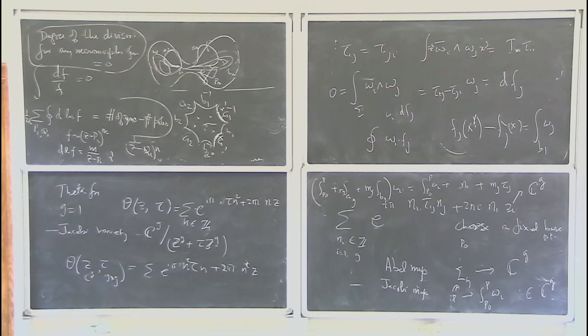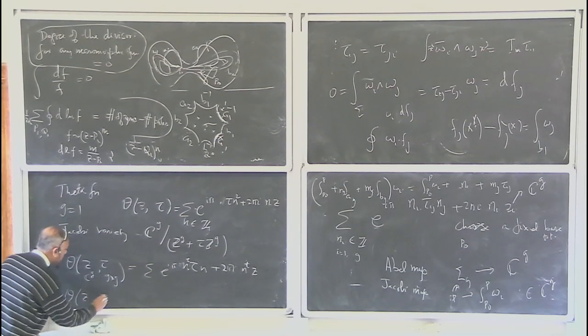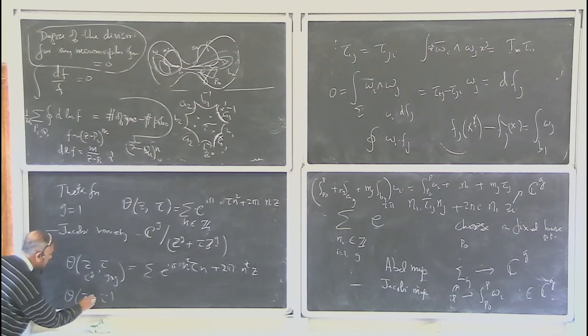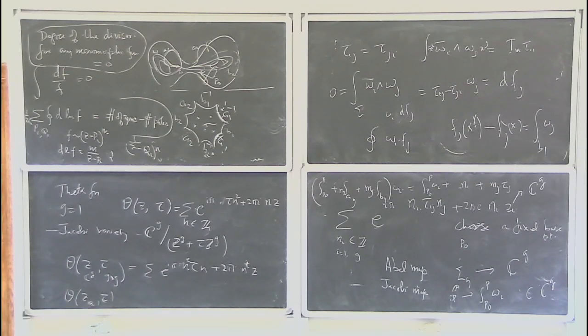If you want to write it as a function on the Riemann surface, then take theta of the sum of several points, tau. There are several points here; these are all points on the Riemann surface.